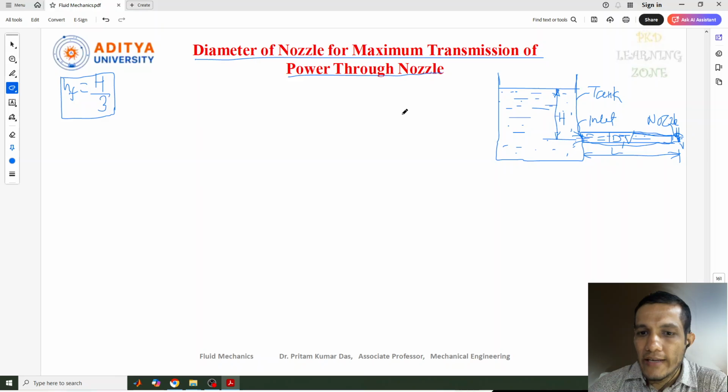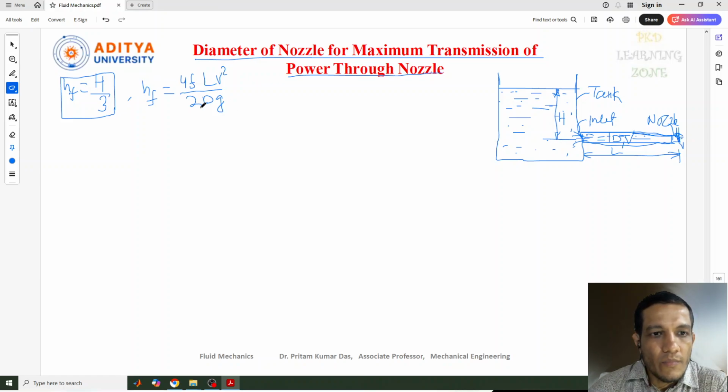We also know that HF equals 4FL V square by 2dg. This is the equation we know already. This is the major loss, or the loss of head or loss of energy in the pipe, from the inlet to the outlet part.